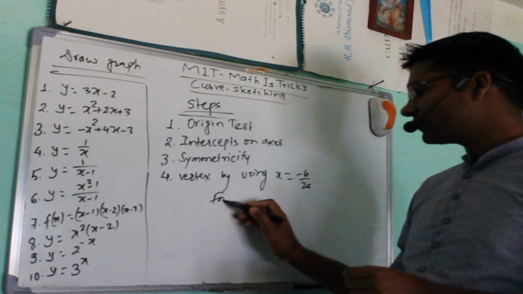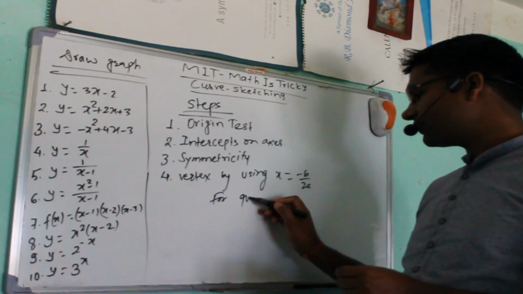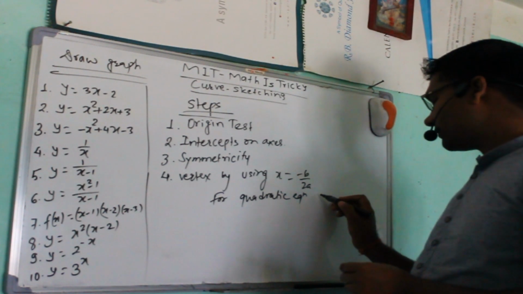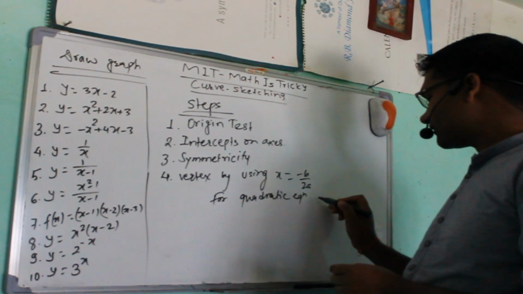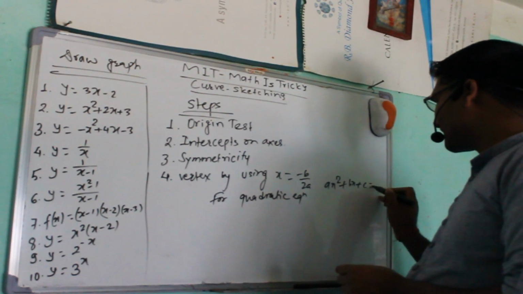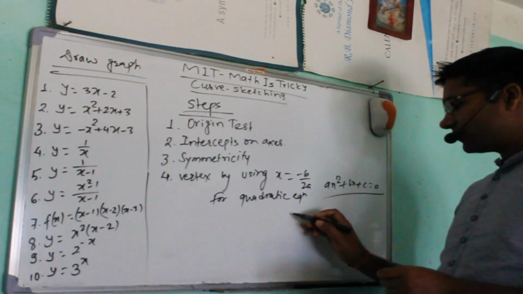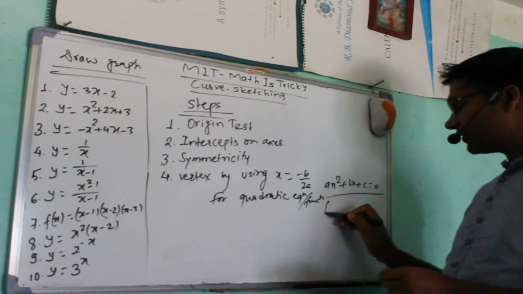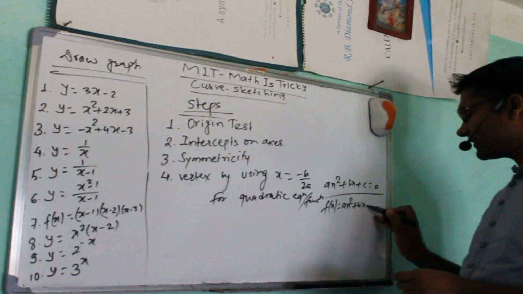For such type of equation, maybe ax squared plus bx plus c equals 0, or if the function is in quadratic form, f(x) may be like this, ax squared plus bx plus c.